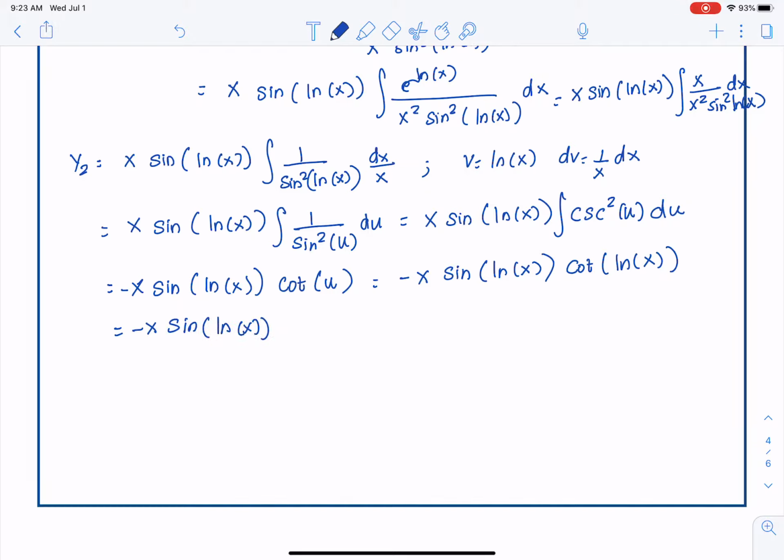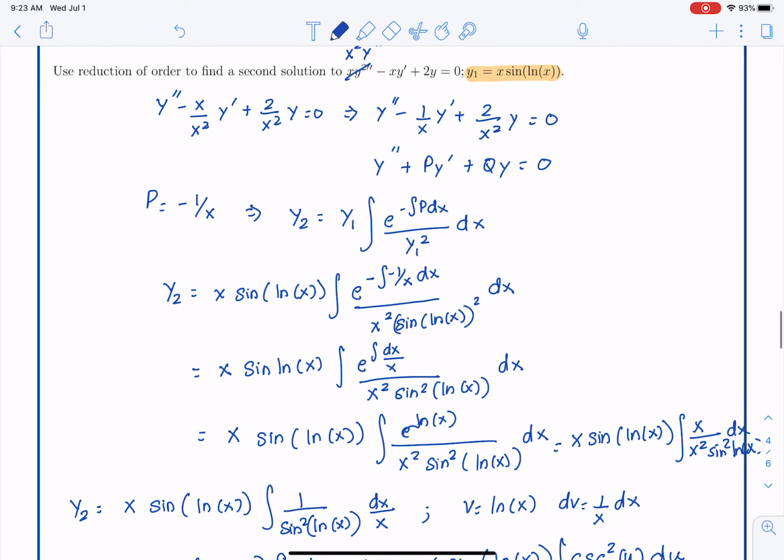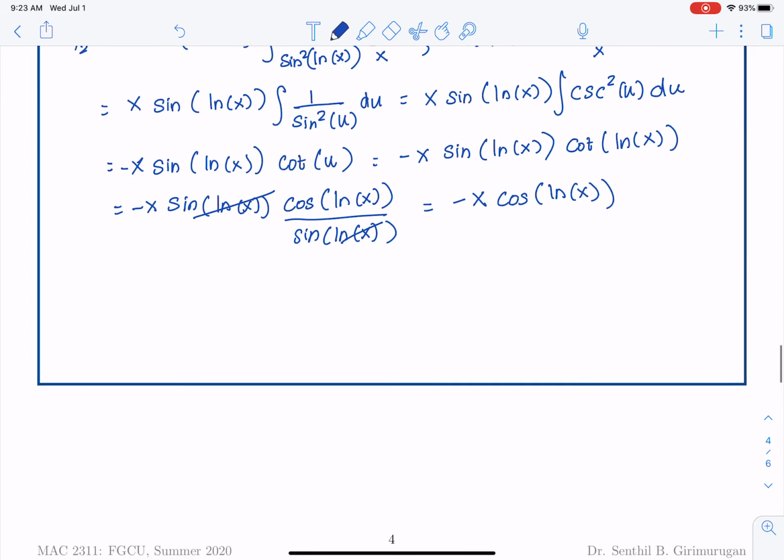Replace cotangent ln of x, we have cosine ln of x divided by sine ln of x. Those two terms would go away. We have negative x cosine ln of x. So the second solution is simply negative x cosine ln of x. The first solution is x times sine ln of x.